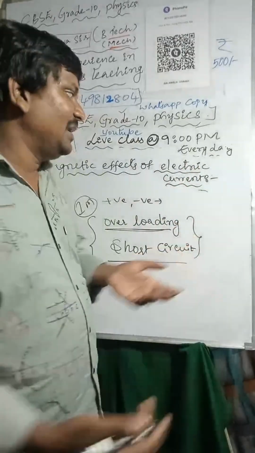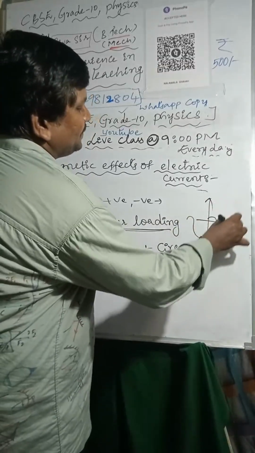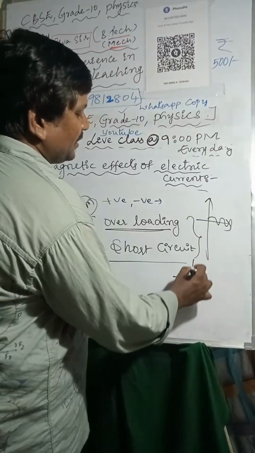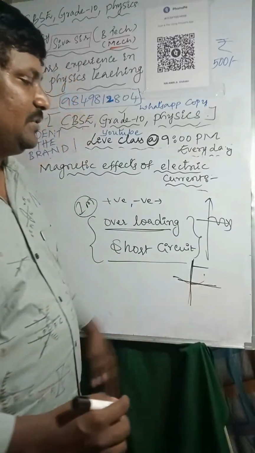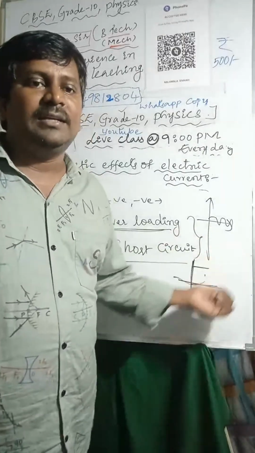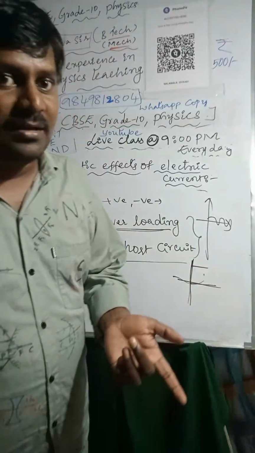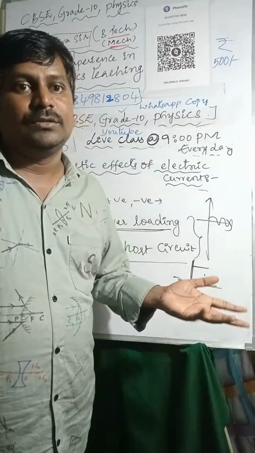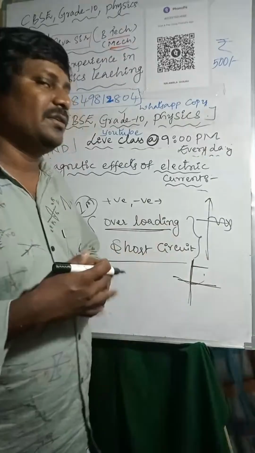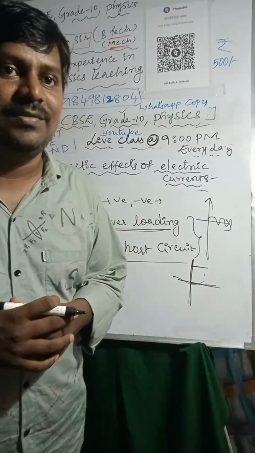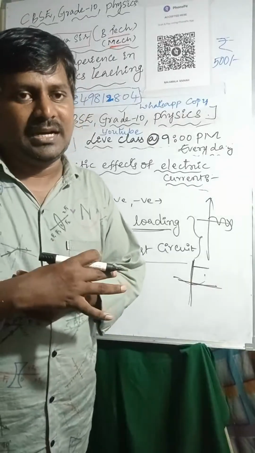Alternating current will be like this, and direct current like this. Related to graphs, and direct and alternating current, they will ask. Overloading and short circuit questions also they will ask.